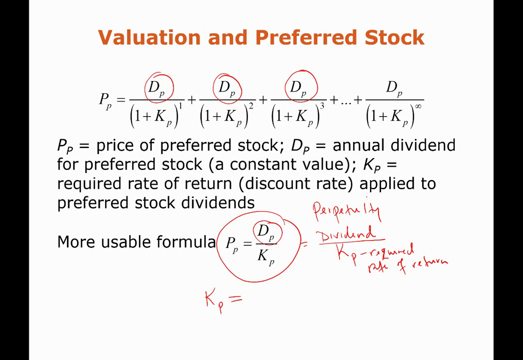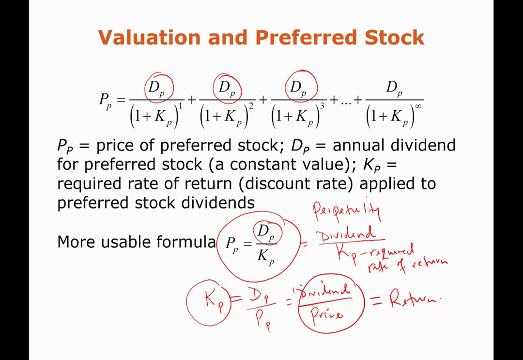If somebody was asking for the required rate of return, then you will take the dividend paid divided by, of course, the price of the stock, which makes sense because the dividend divided by the price of the stock gives you the return. So this gives you the return on the stock, which is what the Kp represents. This is why that makes sense. You could reverse the formula anyhow.